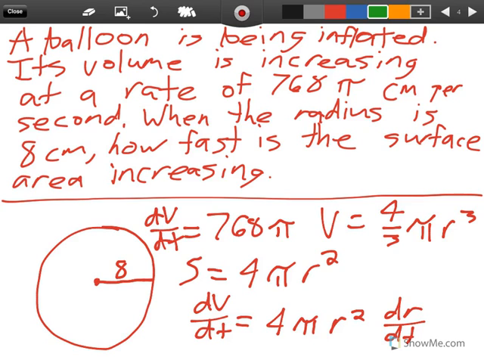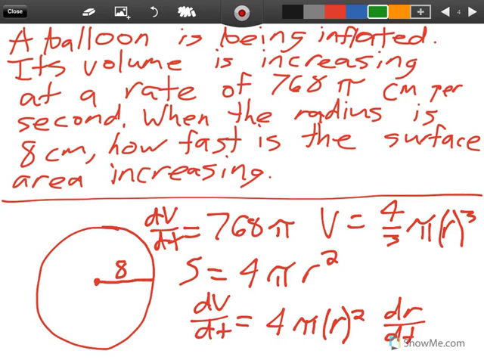You could write it as 12/3, but we just left it as 4. Then just remember to do the dr/dt, because you have to do the chain rule. Think of it as r in parentheses cubed. You take the derivative of that, and it'd be dr/dt times r squared.